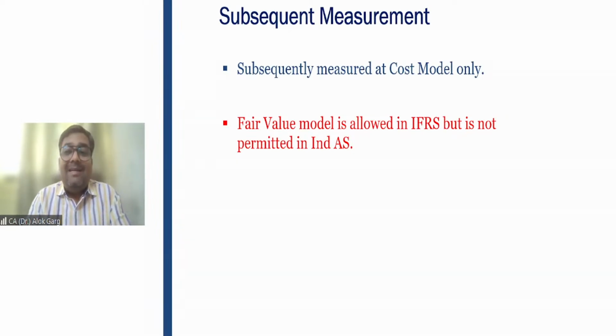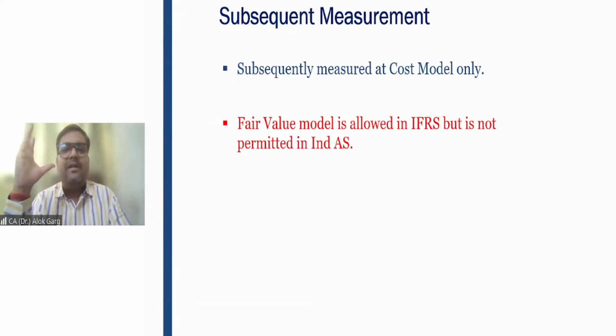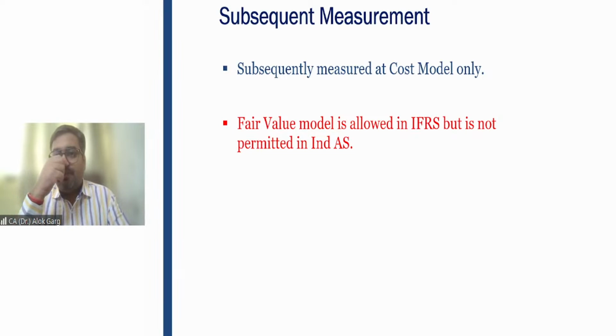Investment property by its nature, you have purchased a land for the purpose of capital appreciation, building for the purpose of capital appreciation. Your machine will not appreciate, your car will not appreciate, your aircraft will not appreciate, but your building and land will appreciate by its nature. Of course, it will appreciate. In 99% cases, it will appreciate, right?